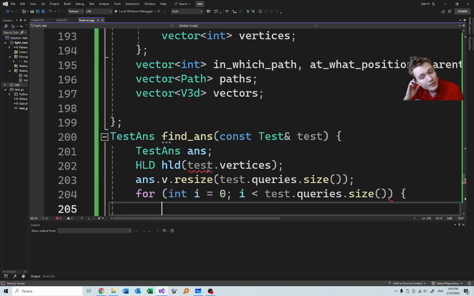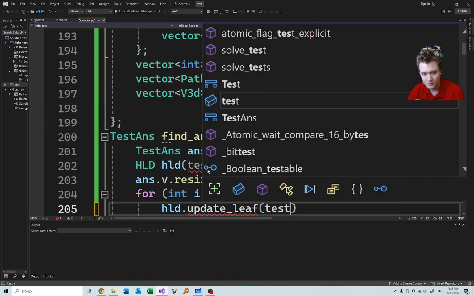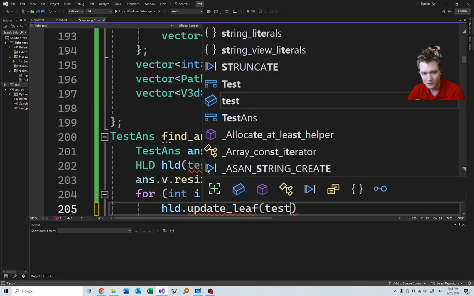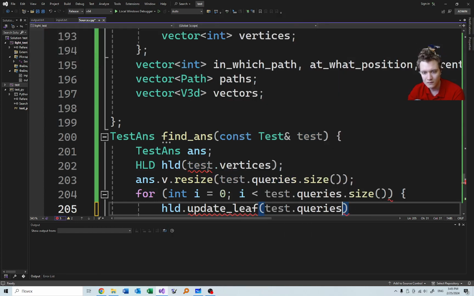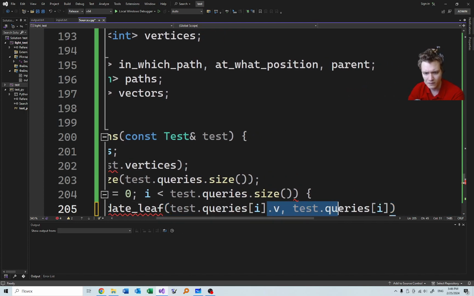And for int i equals 0, i less than test.queries.size, we can say that first of all in HLD we need to update leaf v with, okay, we can just make a query here. I think query is fine.